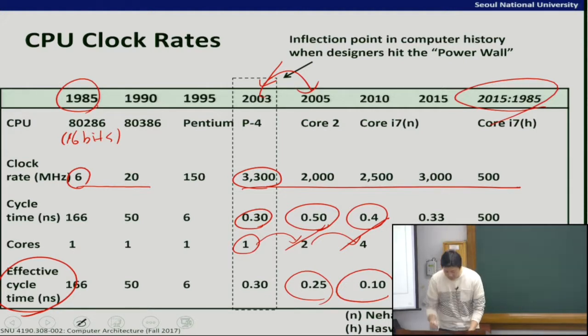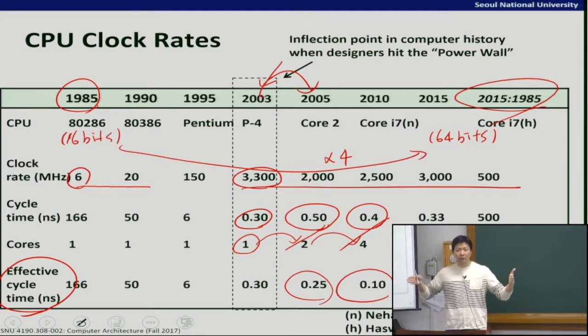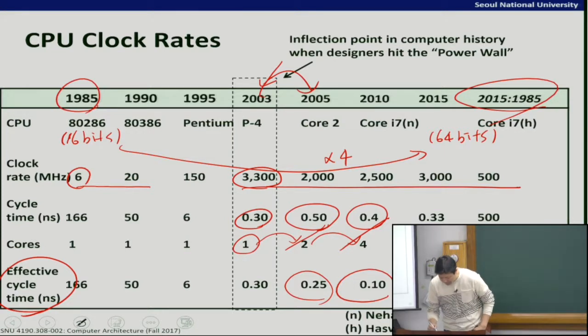So now we have a 64-bit architecture. There's an additional 4x improvement by having a wider width for the word. So if you multiply these two, it's about a 10,000 times improvement.